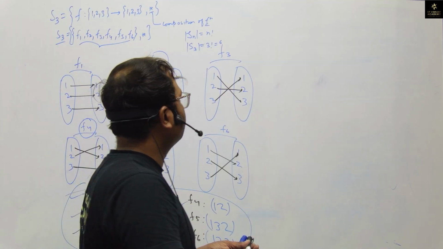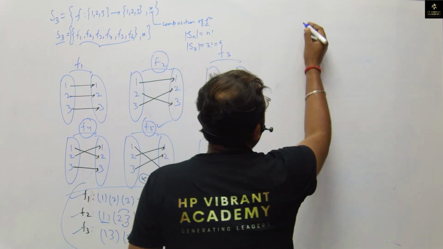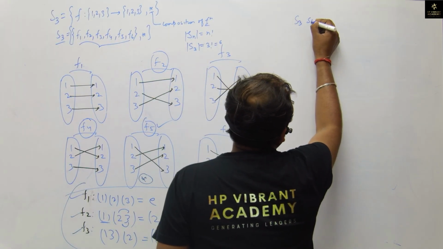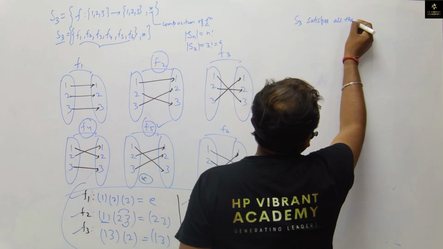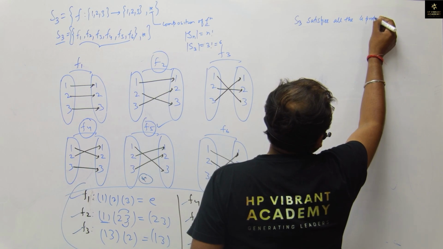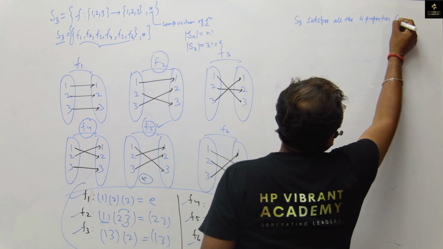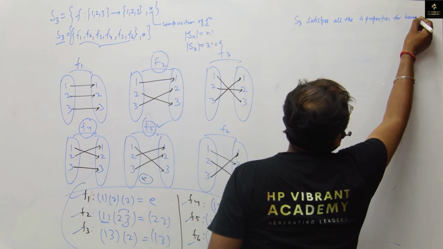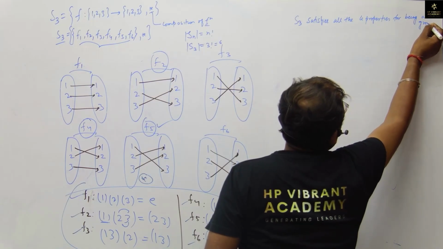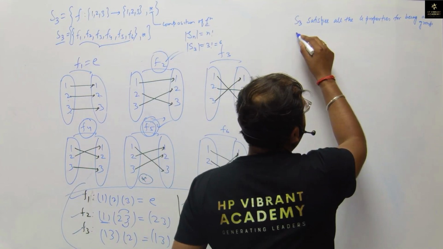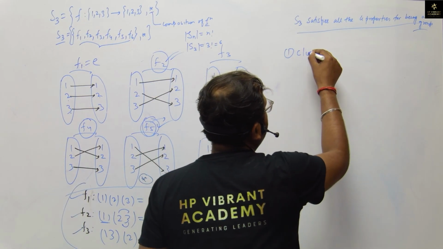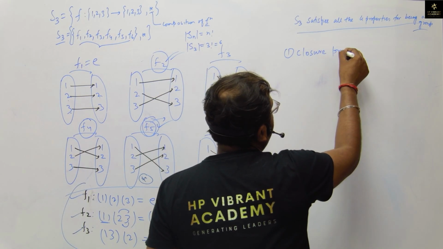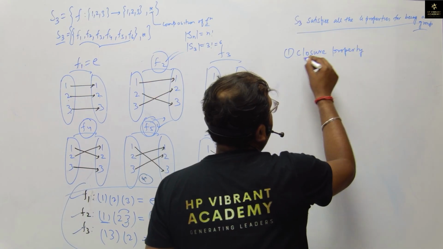So S3 satisfies all the four properties for being a group. The first one is the closure property. Okay.